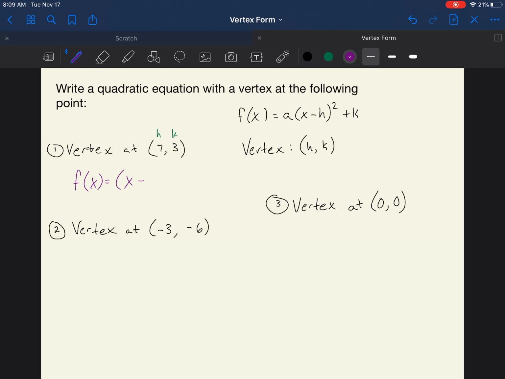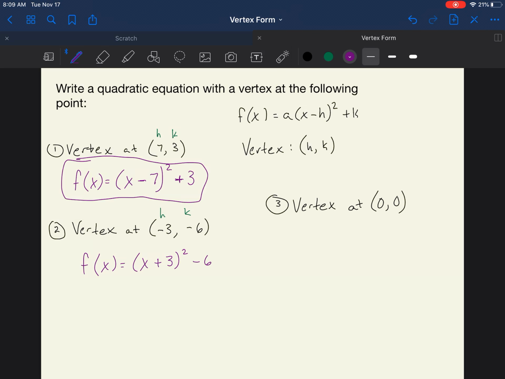So it's going to be x minus 7 to the second power plus 3. So your k, notice your y-coordinate always stays the same, but your x-coordinate is always opposite. So down here, you have h, k. So it's just going to be f of x. It's negative 3, so it's going to become positive 3 to the second power minus 6.